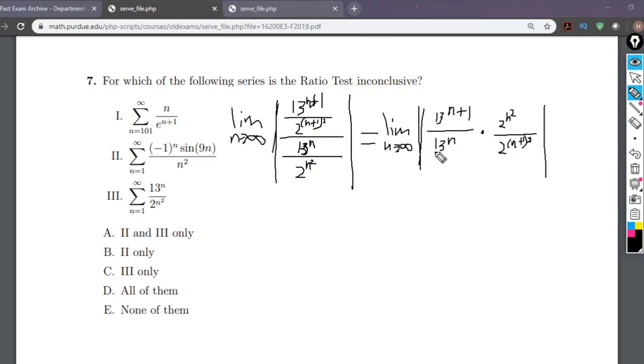So here, we can simplify further. Here we can say that this cancels out since it's n plus 1 minus n, and then it will be 13 on top here. And then we have this thing, so we can just take the limit of this.